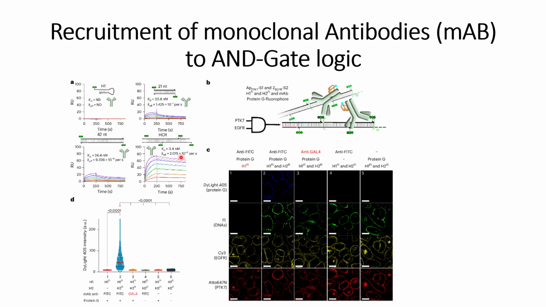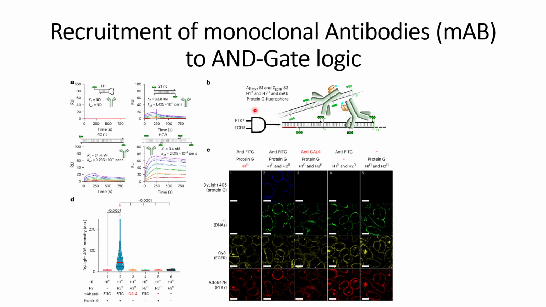Now they tested that they can design their SCR in a way that it can attract monoclonal antibodies. So they tested their actual system, where they use the dual biomarkers PTK7 and EGFR. At the same time, they modify this SCR in a way that it can attract both protein G fluorophore and anti-FITC.